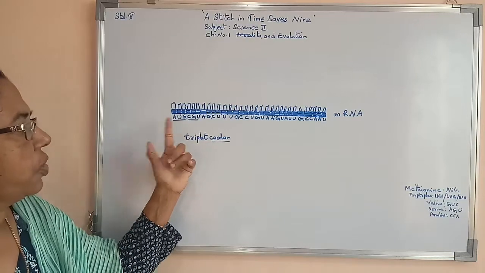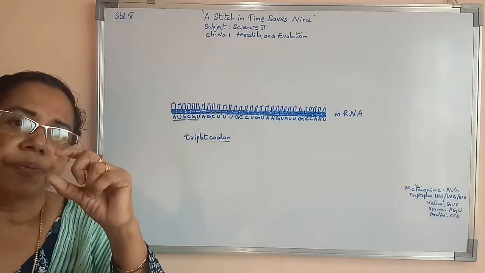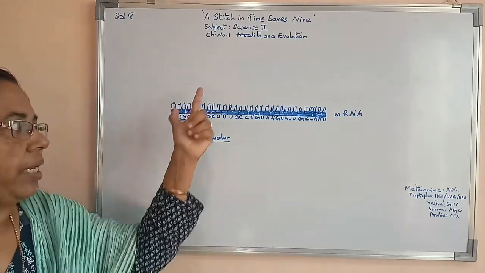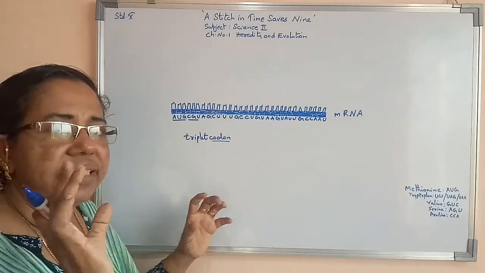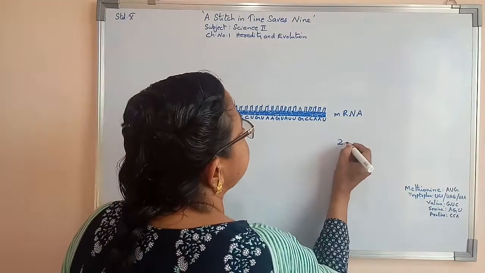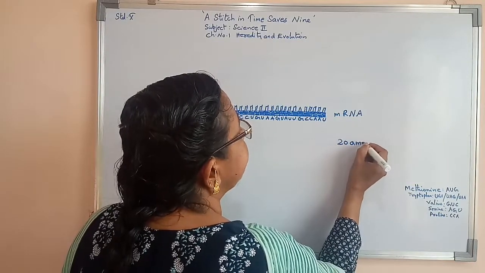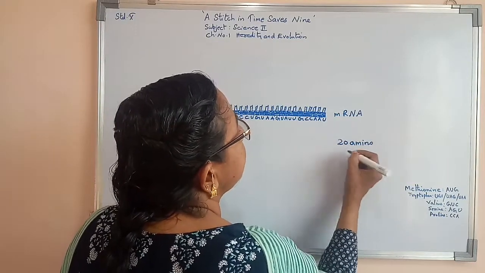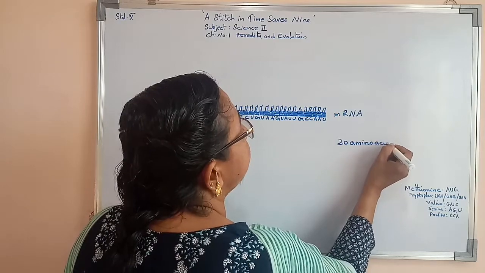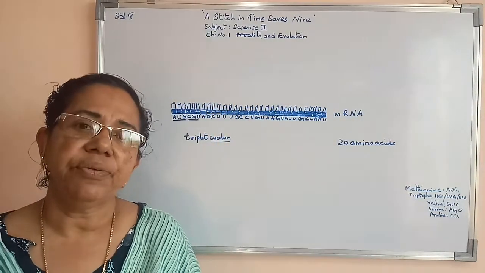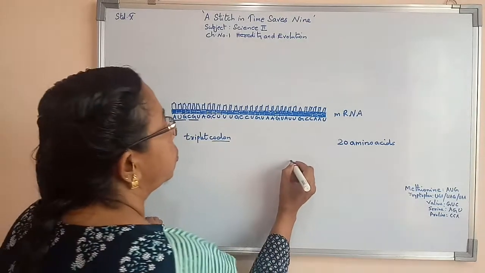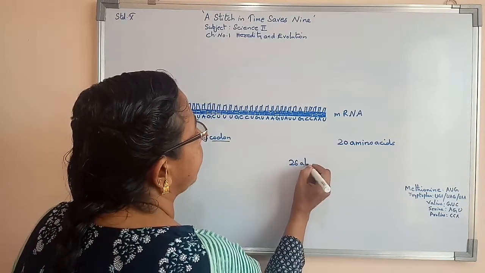Why a triplet codon? Because 3 nucleotides together can join one amino acid. So here now there are 20 amino acids in total. In nature, in living things, altogether 20 amino acids are present. In the English language, a total of 26 alphabets are there.